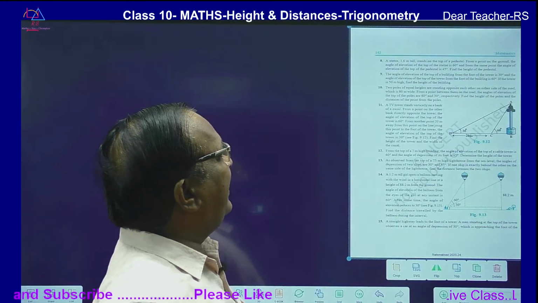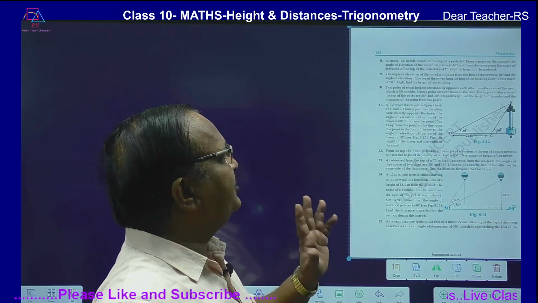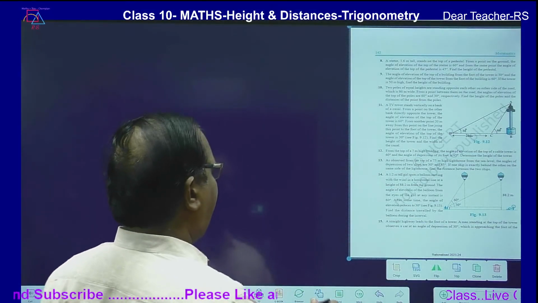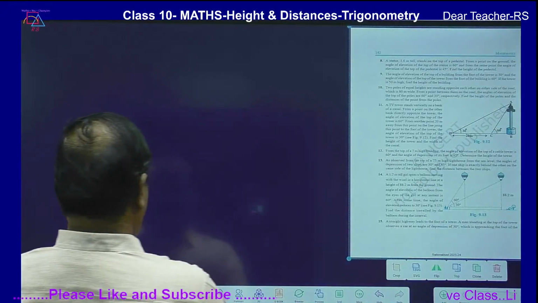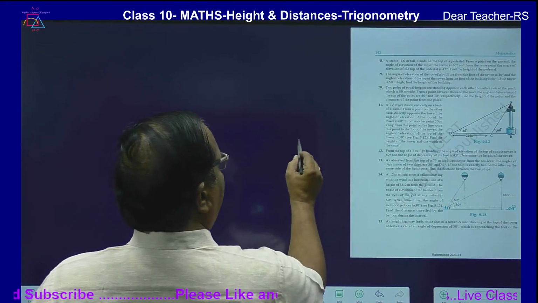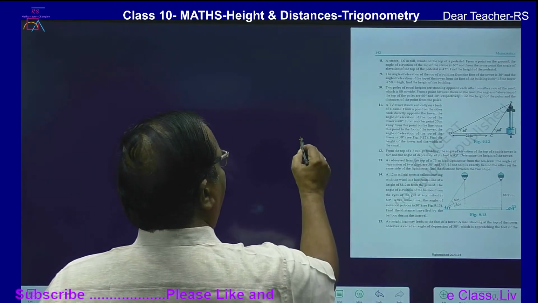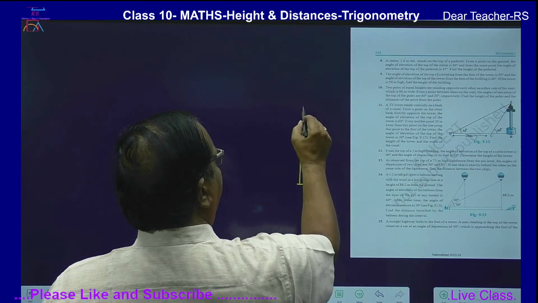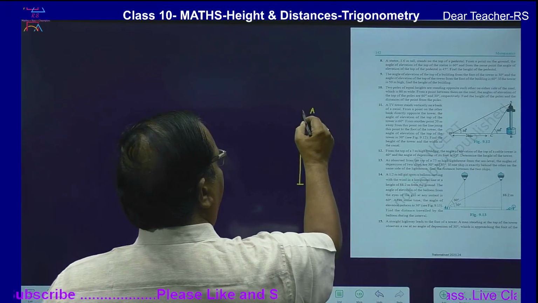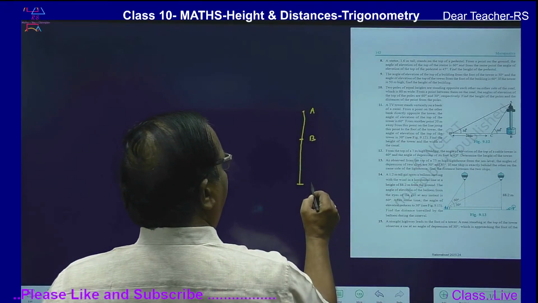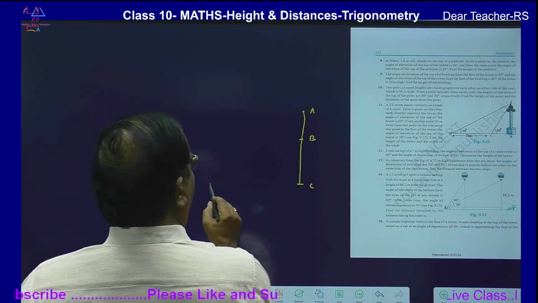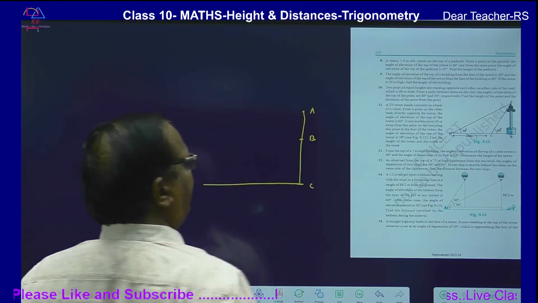Stands on the top of a pedestal. So, let us draw the diagram. Say this is the pedestal and here there is a statue. AB is the statue and BC is the pedestal, and they are lying on the ground.